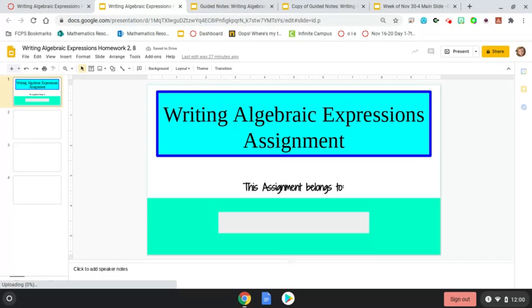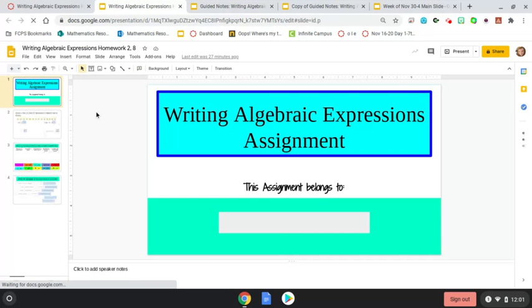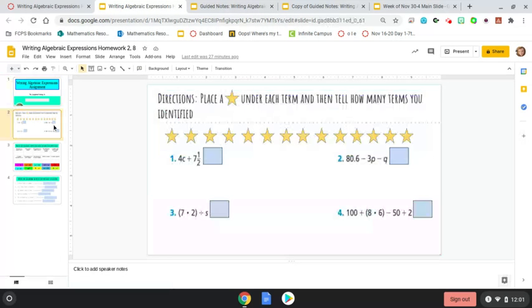We're going to want to make sure on our assignment that we leave our notes open so that we can still use those to help us on our assignment. It says place a star under each term and then tell how many terms you have. Remember, terms are separated by the plus, the minus, the divide sign.